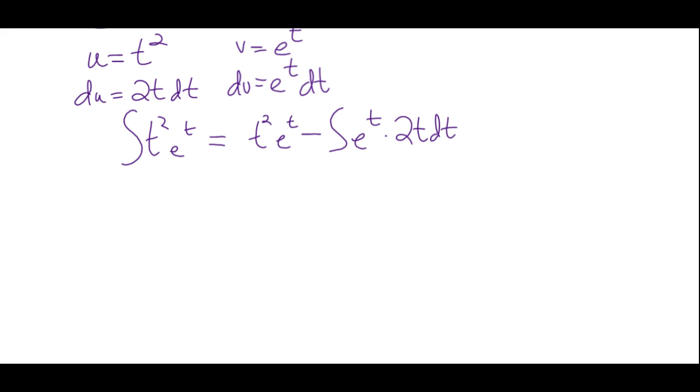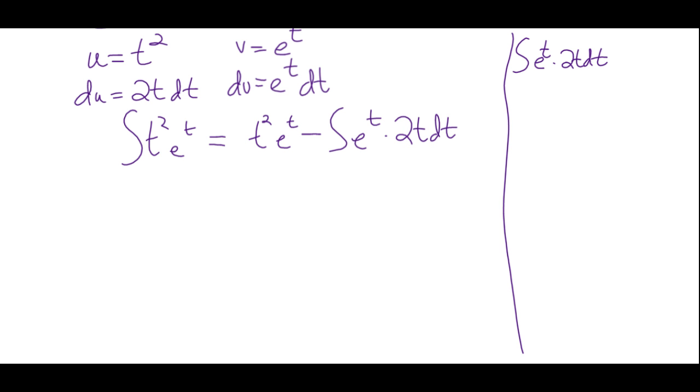Okay, at which point you think, what are we going to do with this? We're going to do integration by parts again, right? So this time we're going to take this one. So let's go over here. I want the integral of e to the t times 2t dt.